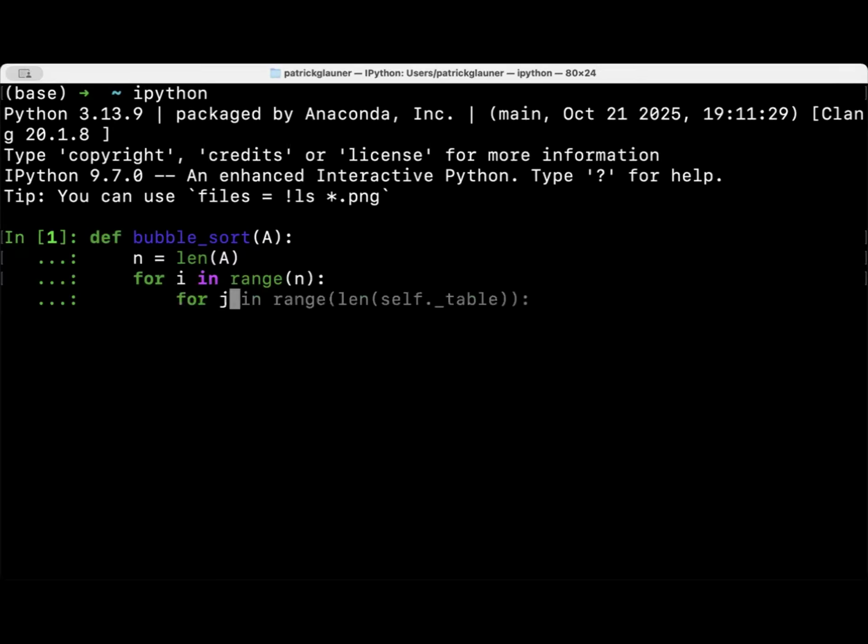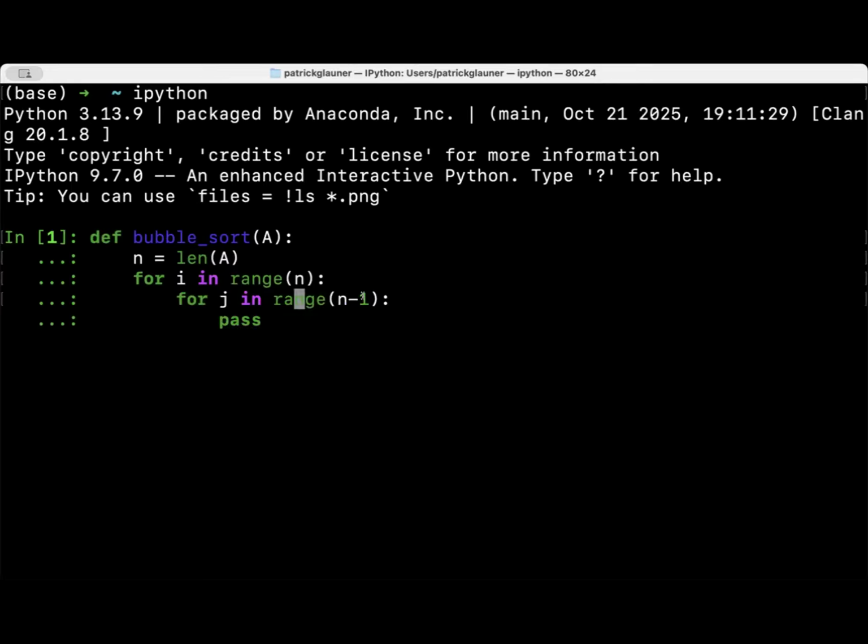And so I could say I have a second loop with index j, and j goes, we could say, to n minus 1 initially, but we'll see we can do better because we said after one pass, the rightmost element is the largest one.